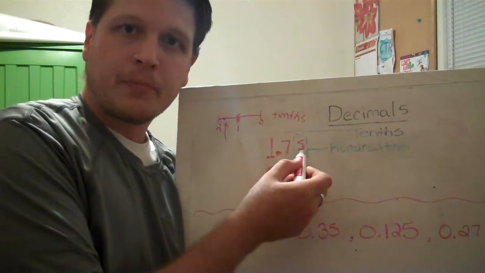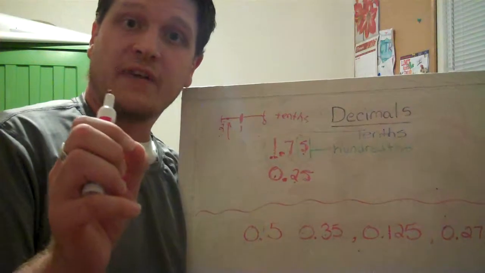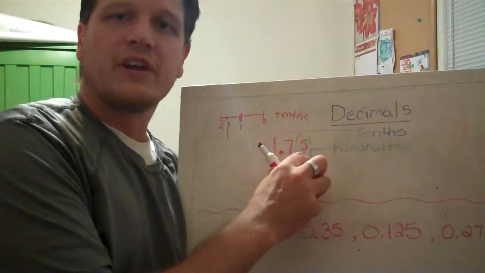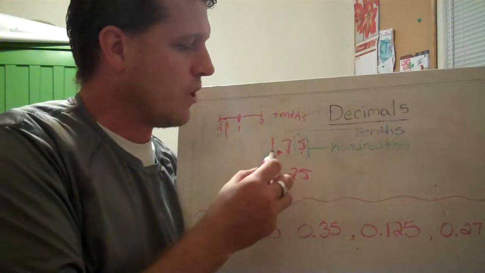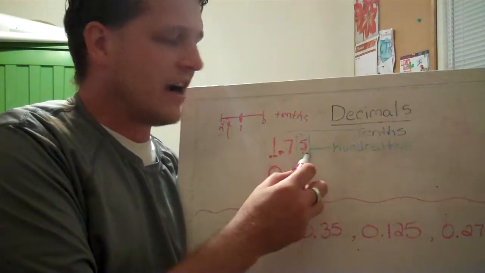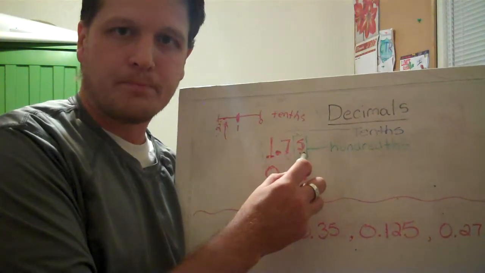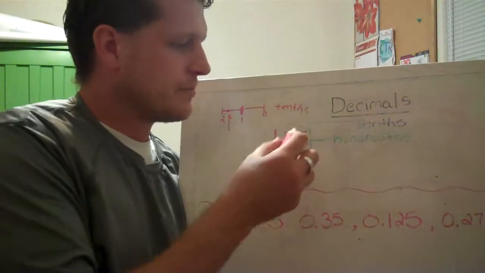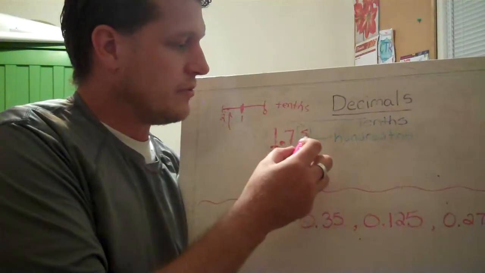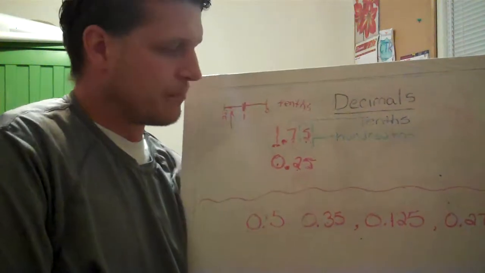Now that we know our place values, I'm going to say this number again, how it should be said: 1.75, okay? Since we're dealing with the hundredths place, the decimal part is 75 over 100.